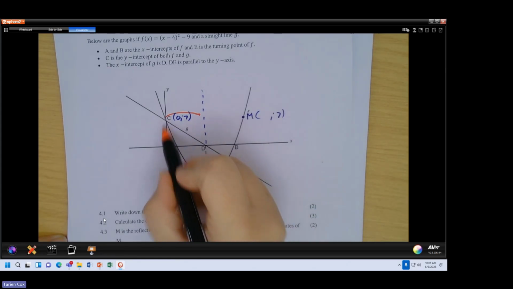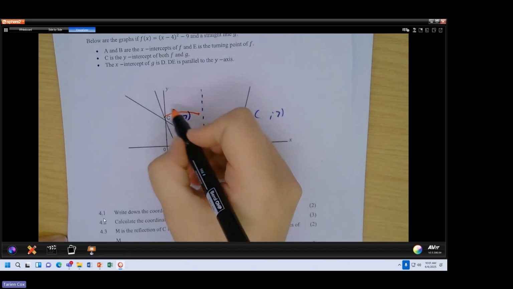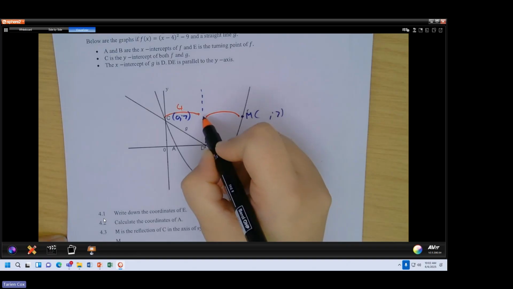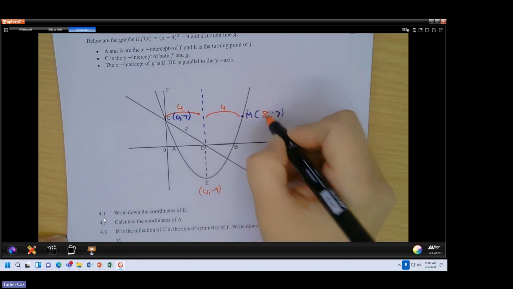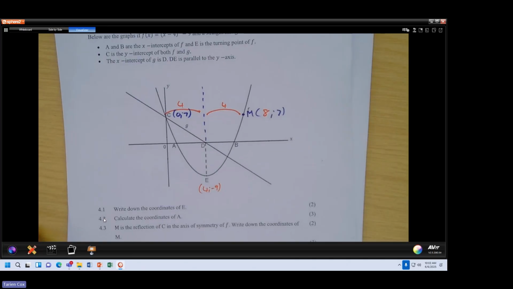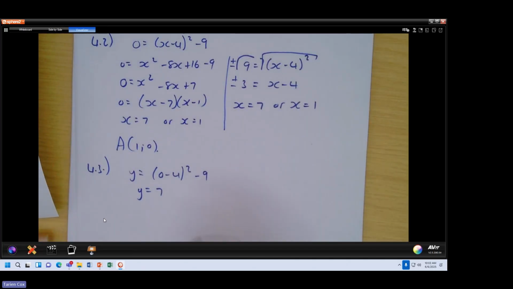So that means from 0 units to this side will be 4 units. And then I need to do the jump again. So from 4, another 4 units on, which means that that will be 8. So that is why I say it is a simple inspection that you can use to get this answer. So the coordinates of M would then be 8 and 7.